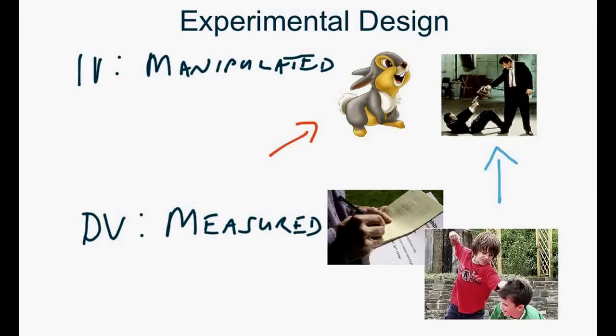And after showing them that video, I go out to the playground and I record what children are doing. So I'm going to sit there and measure how many instances of violence I see on the playground. Then I'll be comparing the level of violence observed in the group who saw the violent movie to the level of violence in the kids who saw the nonviolent movie, and see if there's a difference.